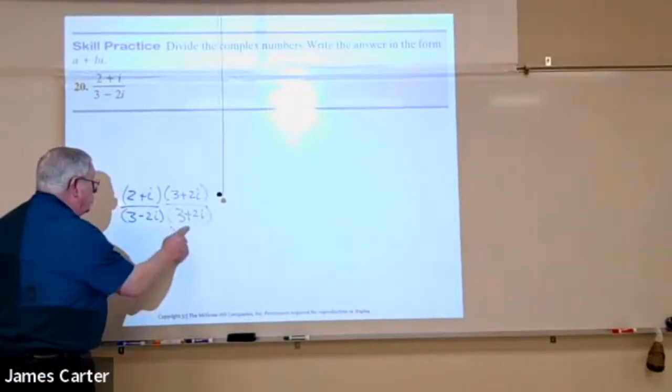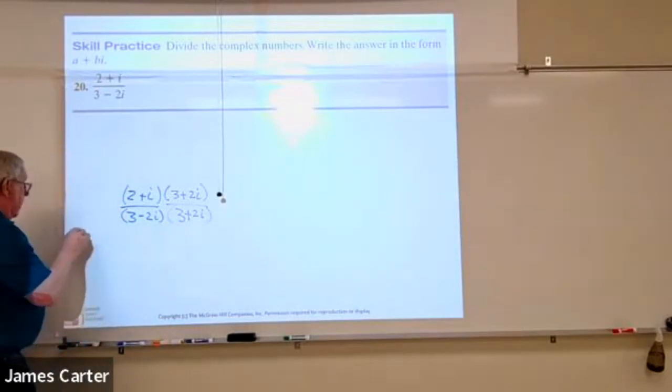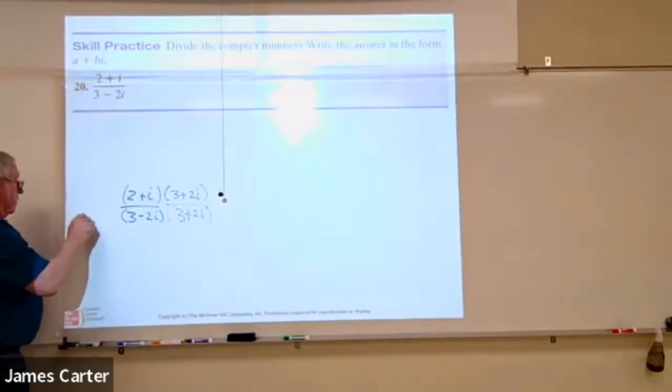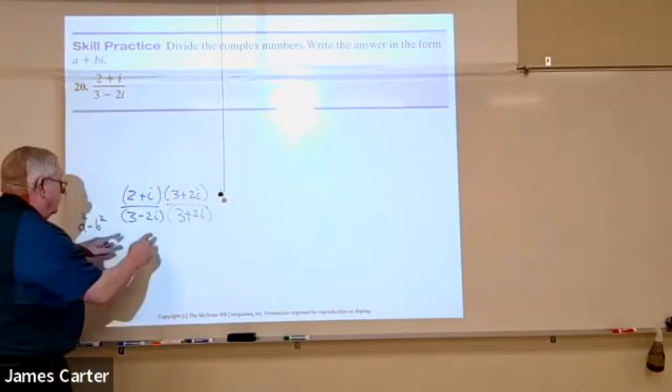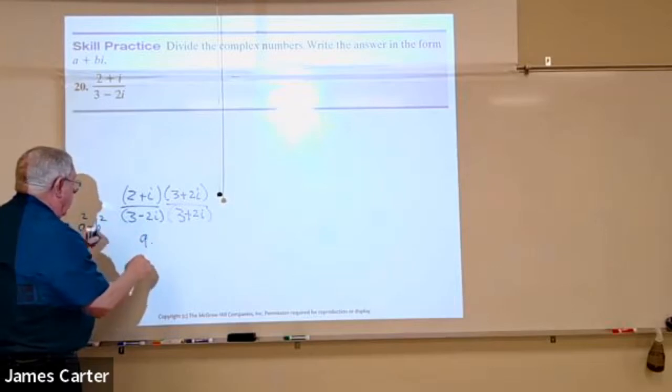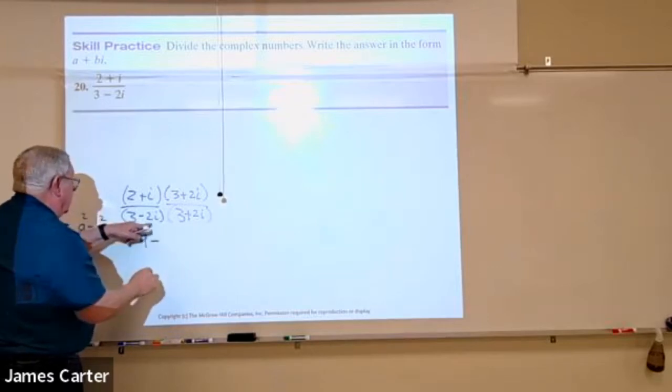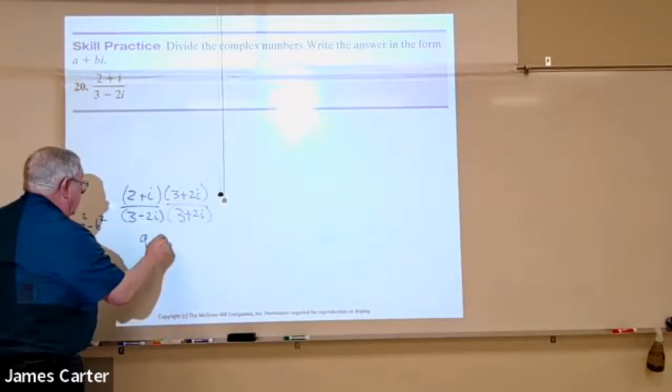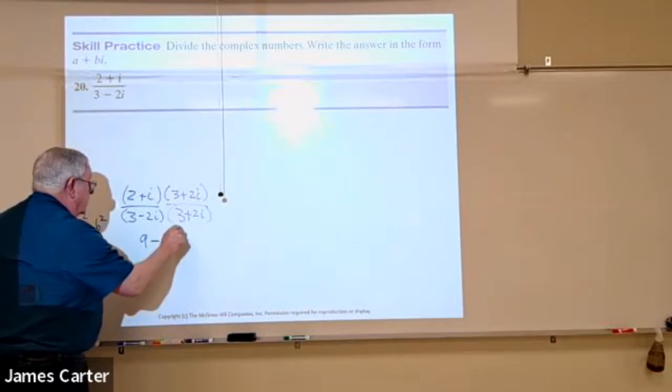This being a conjugate, my answer is going to be in the form a squared minus b squared. So first term squared is 9, and minus last term squared is 4i squared.